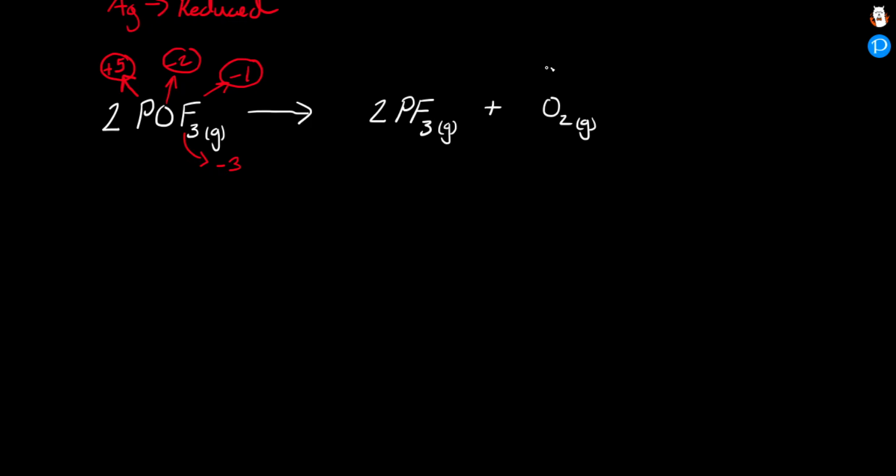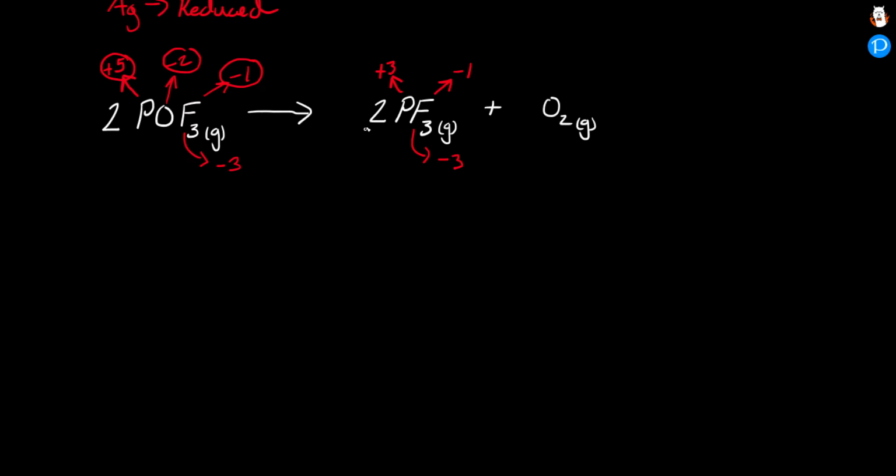At the end here, fluorine is still going to be the same, -1. Again, total is -3 because I have 3 fluorines, each -1. So that means phosphorus in this case, since that oxygen isn't there anymore, is going to be +3.